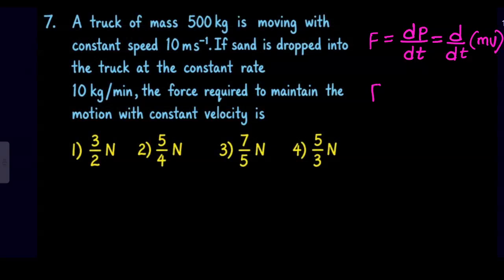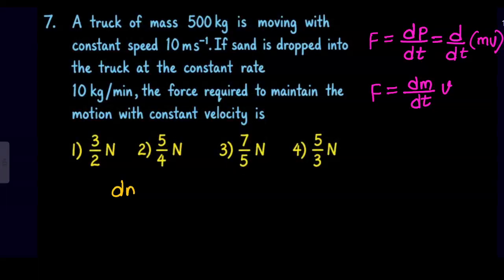So this is dm by dt into v. We should maintain velocity always constant.